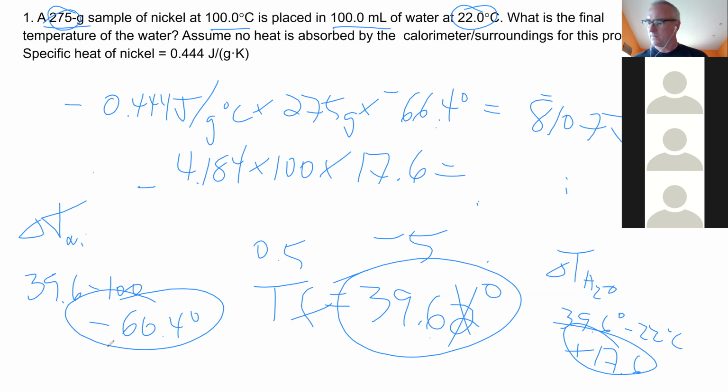Did I do that right? 39.6 minus 22. I'm getting the same number.